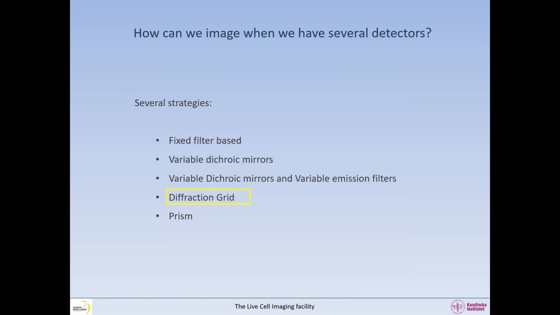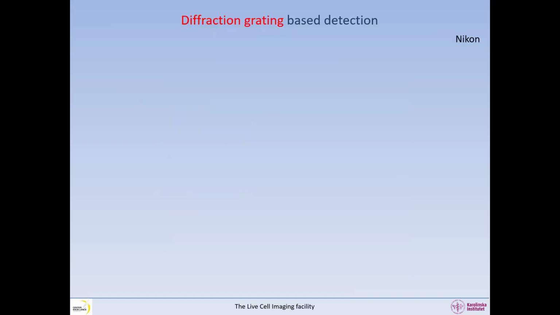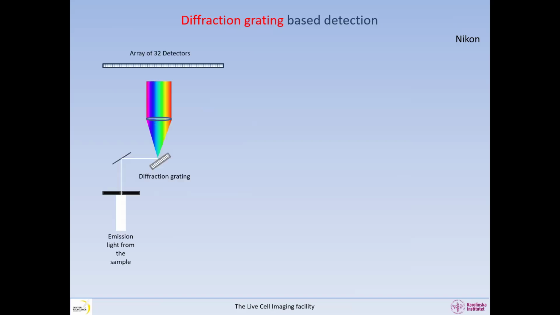Now, another option is to use so-called diffraction gratings. Here I will start showing how the principle works in the Nikon system. The emission light coming from the sample will arrive at a so-called diffraction grating, which is composed of very small slits and grooves.